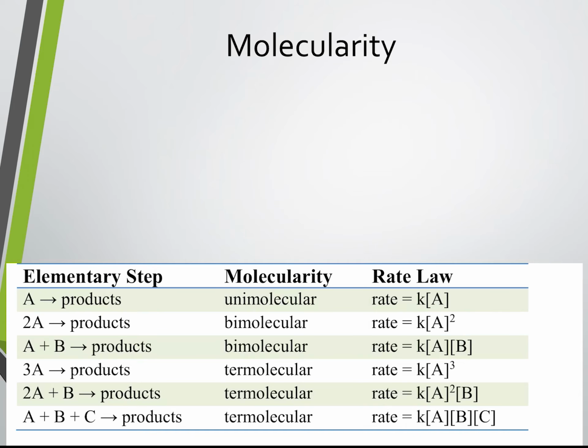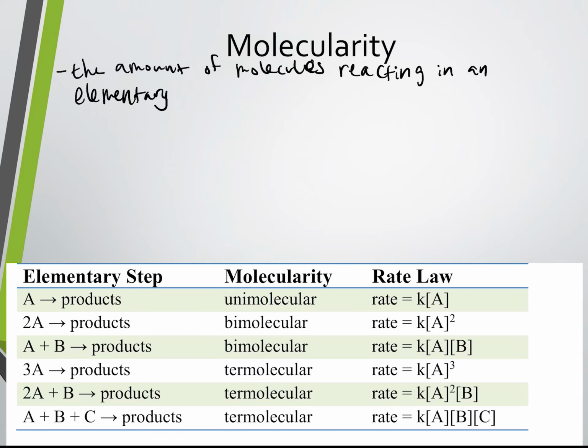So this is going to be a classification of elementary steps based on the number of reactant molecules in that elementary step. So if we have 1 molecule, we call that a unimolecular, 2 bimolecular, 3 termolecular.